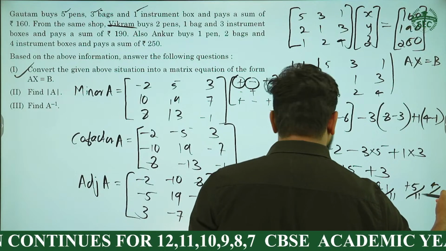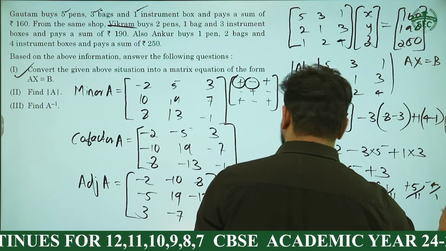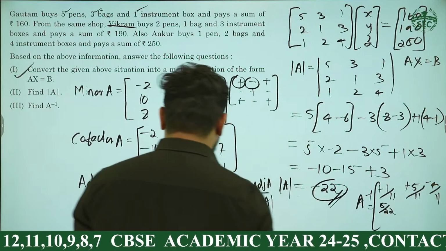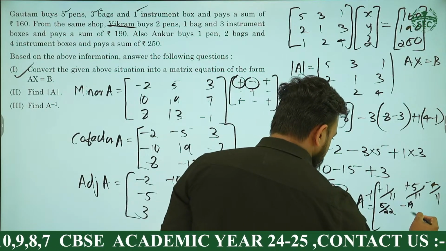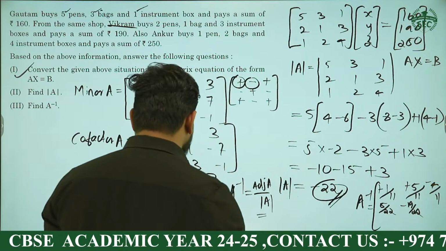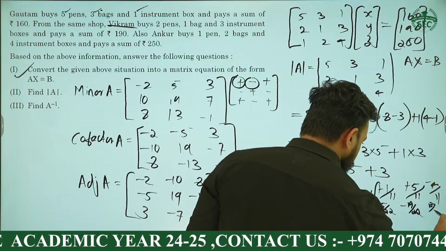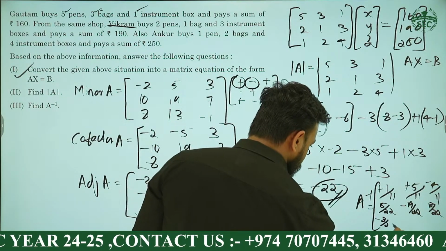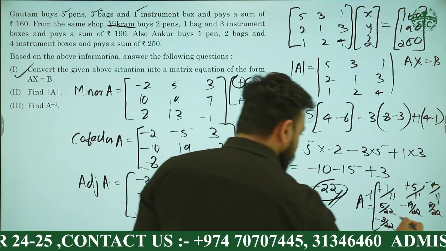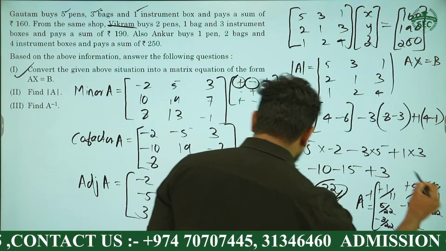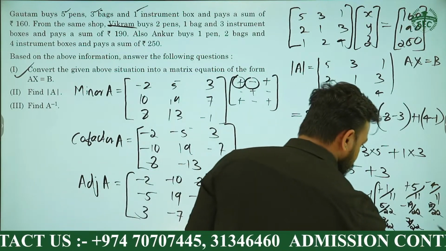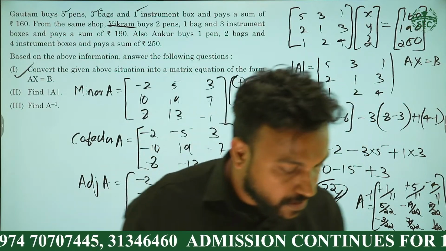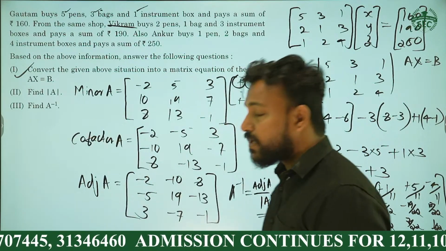Okay, then it is minus 4 by 11 and 5 by 22 and minus 19 by 22 and 13 by 22 and 3 by minus 3 by 22 and 7 by 22 and the last one 1 by 22. This is A inverse. That's all. Okay guys, ready?